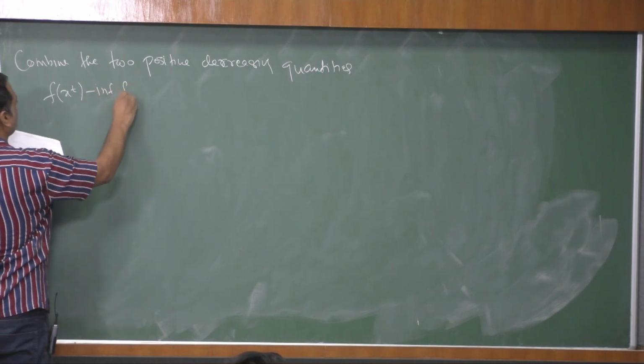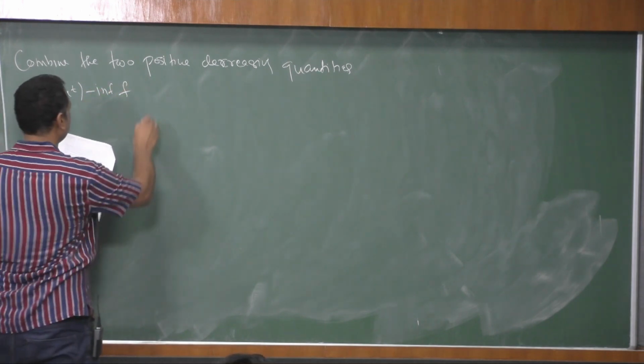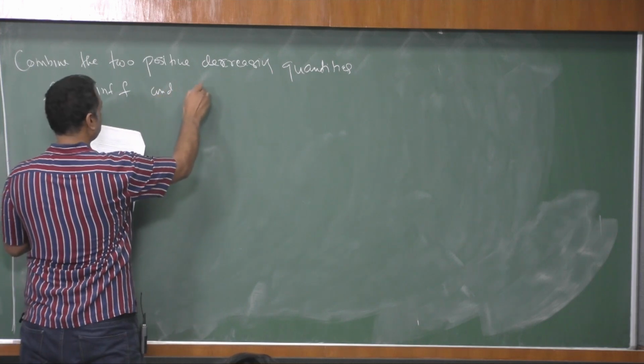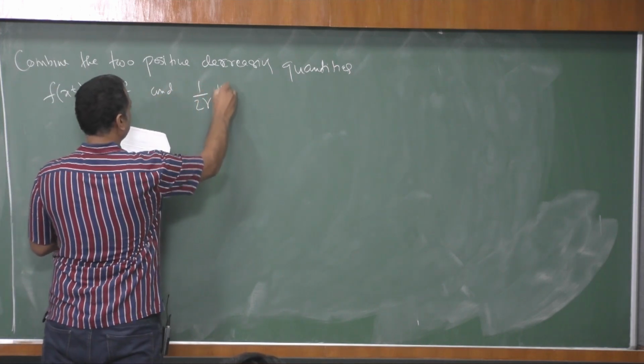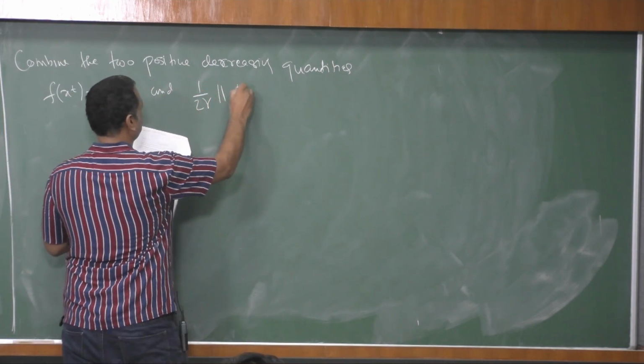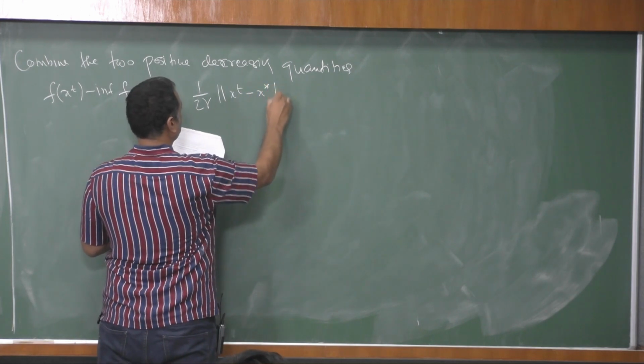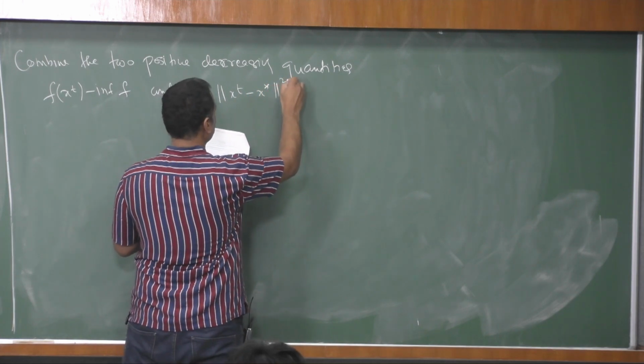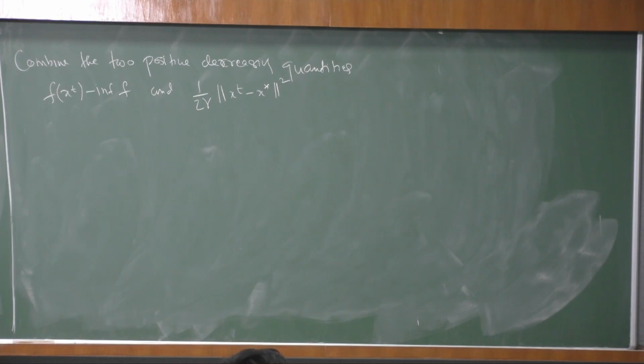That was the first part of our proof, and now we have also shown that this quantity, xt minus x star, is also decreasing. So we will combine this into the so-called Lyapunov energy.